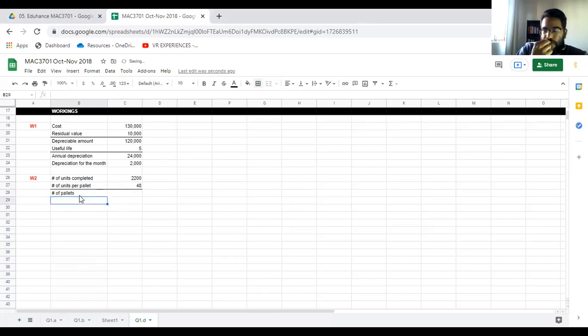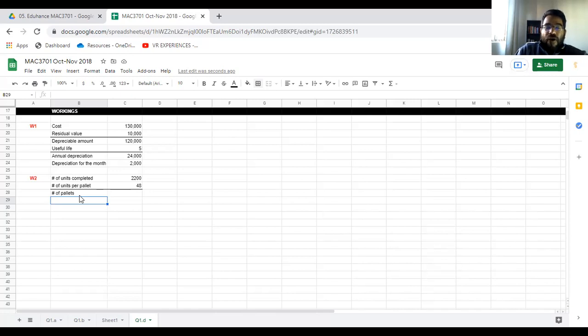The transport company only transports completed goods, because we're not going to distribute incomplete goods to our clients. They told us how many units were completed, so we take it as is.